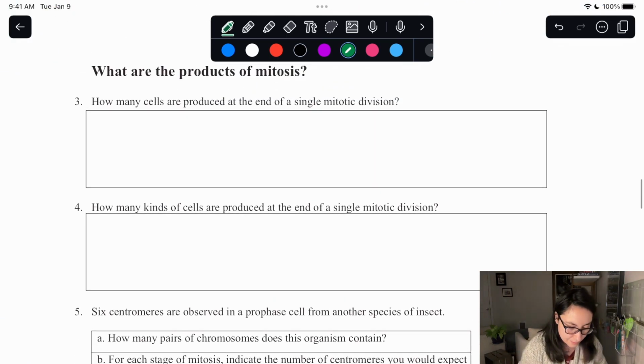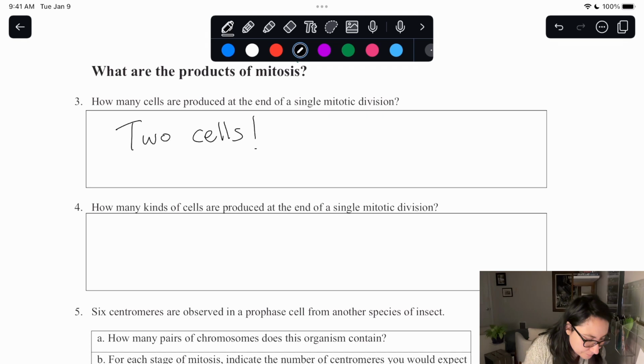Okay? So, next page. What are the products of mitosis? Basically, the answer here is pretty simple for the first answer, and it's just basically 2 words. 2 cells. 2 cells. The end. How many kinds of cells are produced at the end of a single mitotic division? 1 kind of cell.